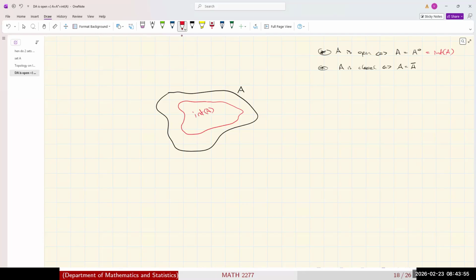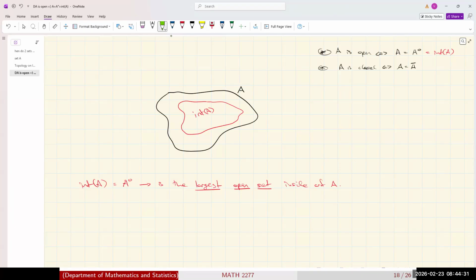So the interior of a set A, you can write as A with a little circle, is the largest open set inside of A. That is why, if A is open, it is equal to its interior.